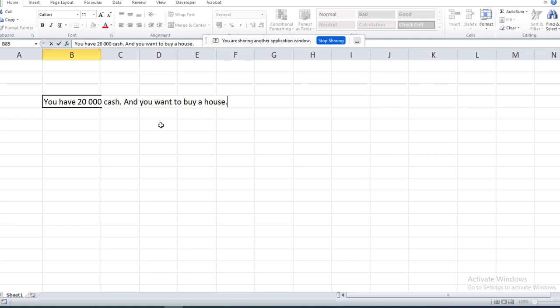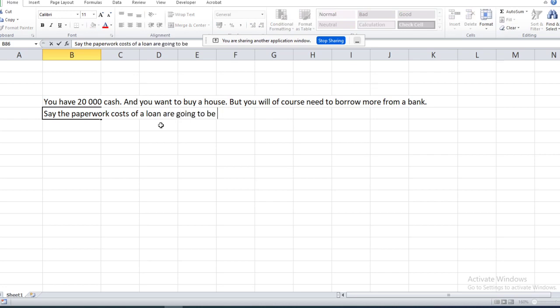You already got 20,000, but you will, of course, need to borrow more from a bank, okay? Say the paperwork costs of a loan are going to be, say, 1.5% of the loan value, okay?